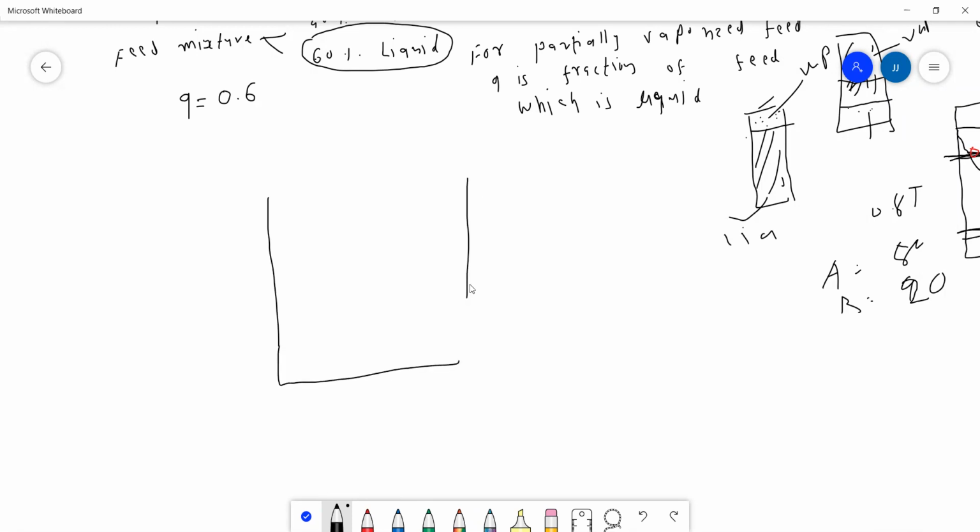First, we know that you already derived the equation in BTech level, the operating line, or the equation for the Q line.